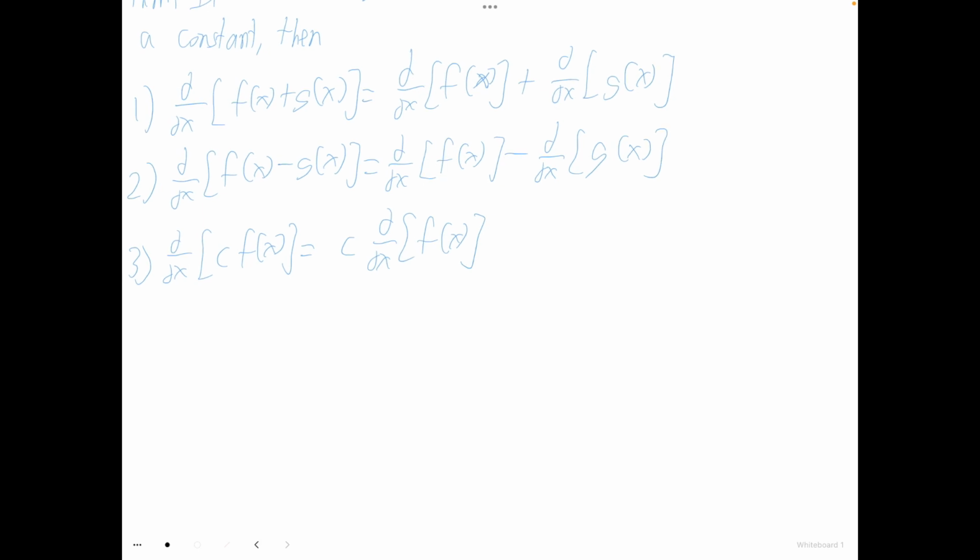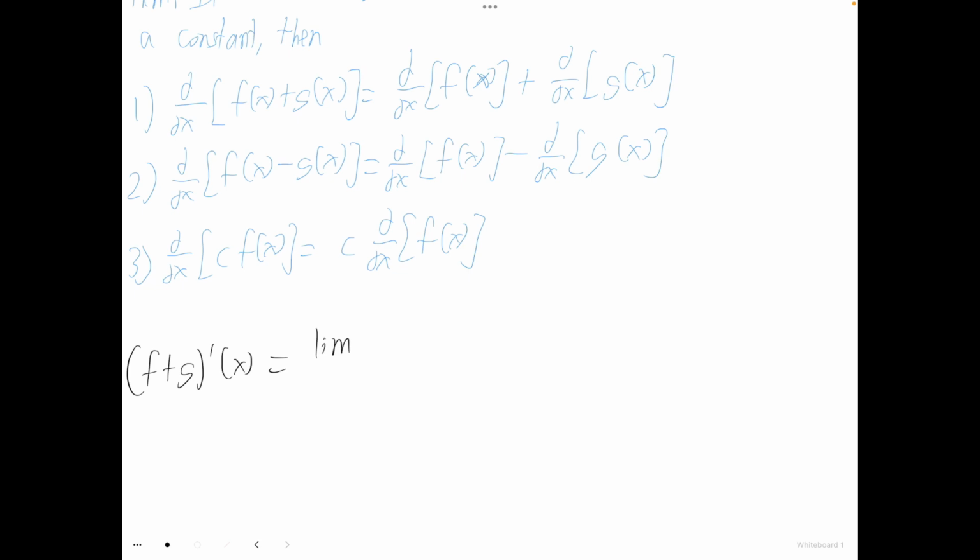So we want to prove that if I take the derivative of f of x plus g of x, it equals the derivative of f plus the derivative of g. So we have f plus g's derivative at x. That's just a short way of writing the derivative of f of x plus g of x.